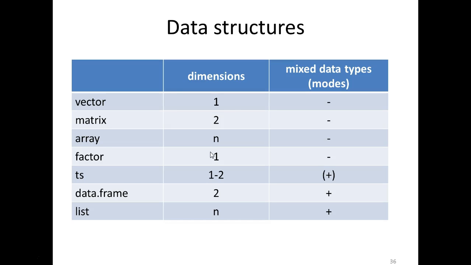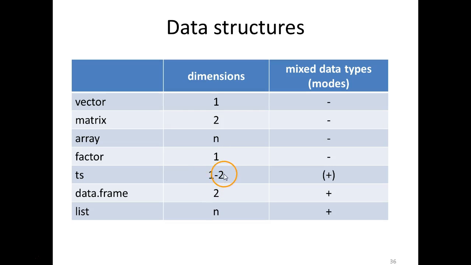So, for example, a vector could contain ages or some sort of measured value, but the factor contains something that can only have a specific number of levels. For example, gender, which could be male or female, but not anything else. Or it could be grades in a class where you could have A, B, C, D, or F, for example, but nothing else.